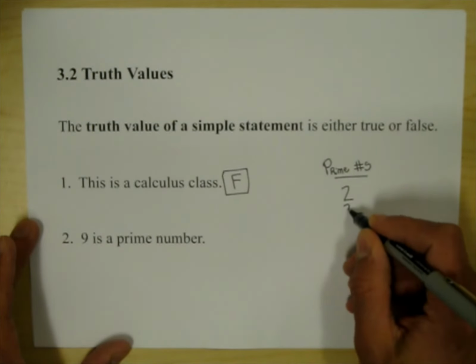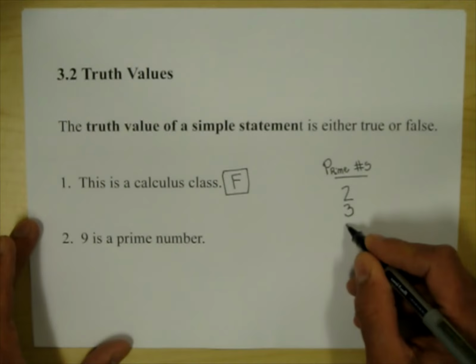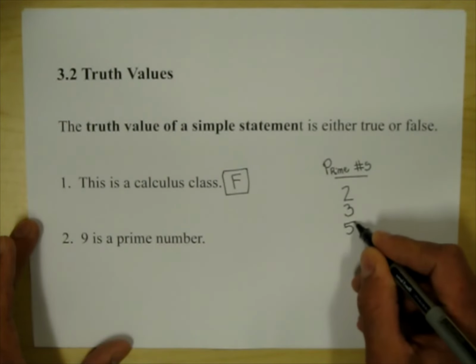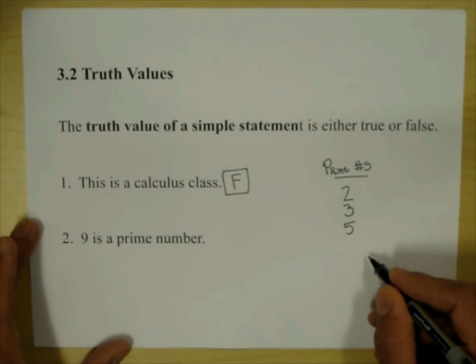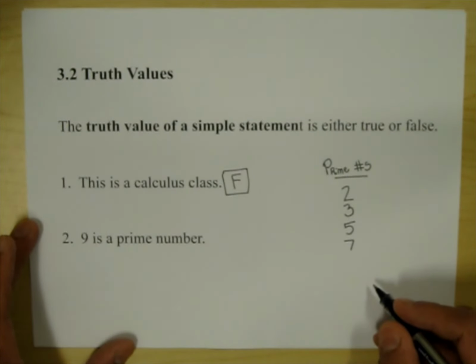3 is our next prime number. 4 is not a prime number because it has 3 things that can go into it, 3 divisors, 1, 2, and 4. So our next prime number that goes on the list is 5, but not 6, 7, not 8.